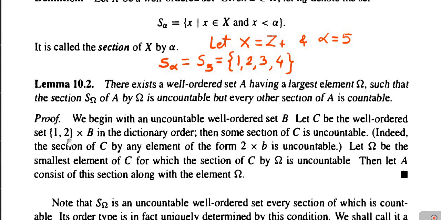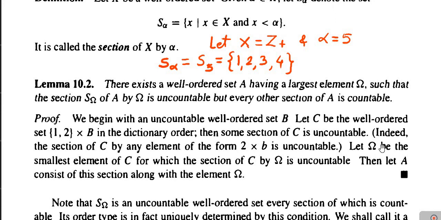Then as {1, 2} is countable but the set capital B is uncountable, their Cartesian product in the dictionary order will obviously be uncountable. So some section of C is uncountable. Which section is uncountable? The section of C by any element of the form 2 cross B will be uncountable.